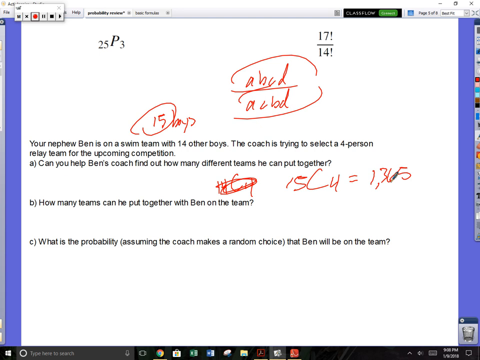Alright, hold on one sec, let me double check that. So, oh whoops, we're gonna go 15, okay, perfect. Now, how many teams can he put together with Ben on the team?